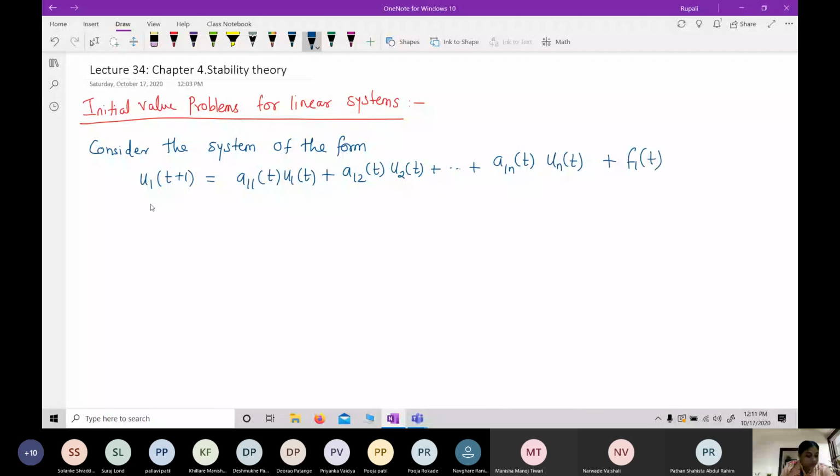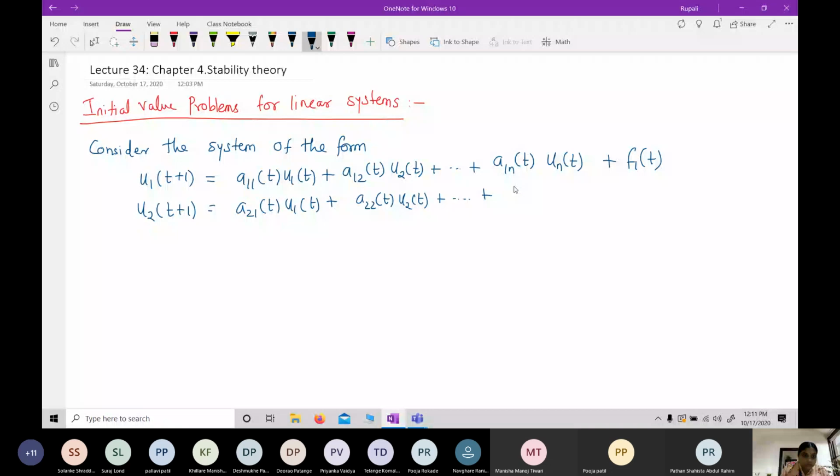Second, u2 t plus 1 is equal to a21 t u1 t plus a22 t u2 t plus and so on a2n t un t plus f2 t, and so on.